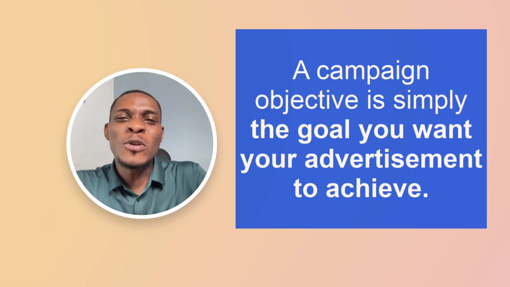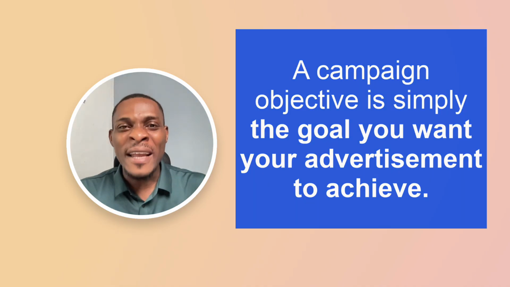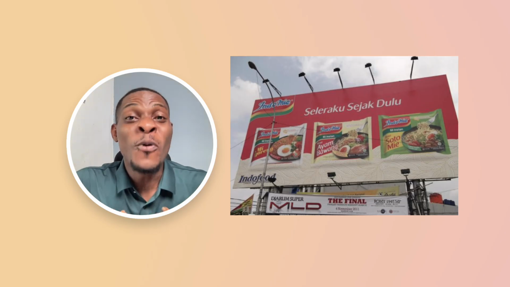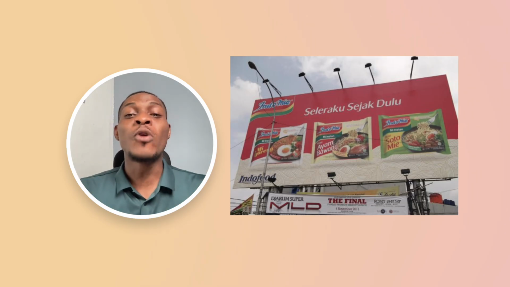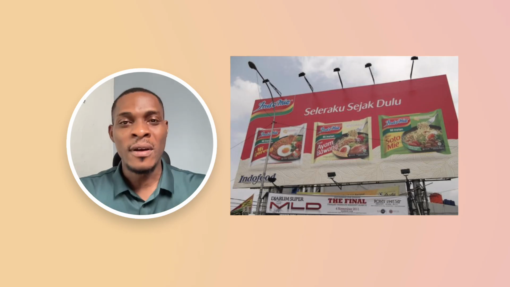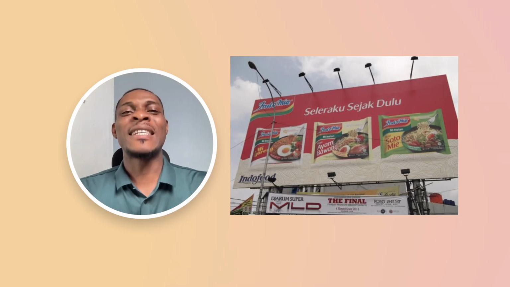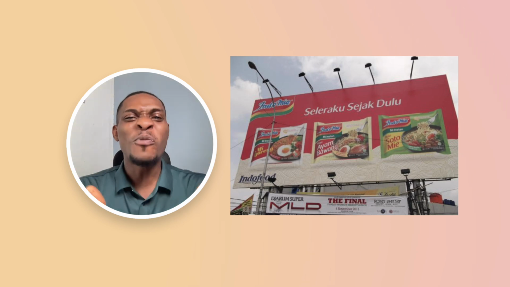They know what they want to achieve when their ads are running. They know that this billboard advert is going to reach millions of people, even though those people are not ready to buy the product immediately. They just want them to be aware that Indomie instant noodles is here for you.